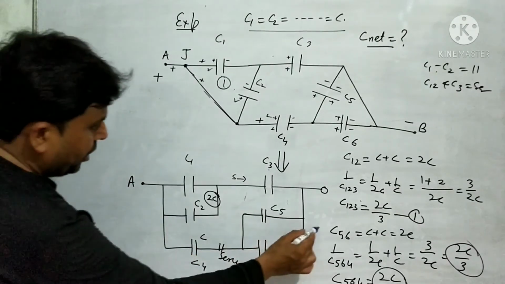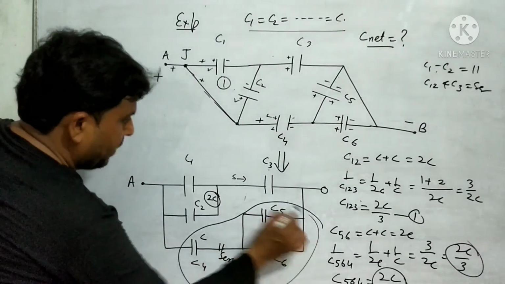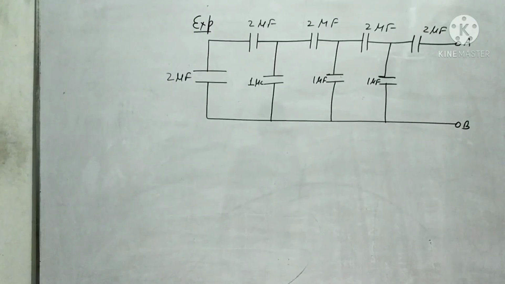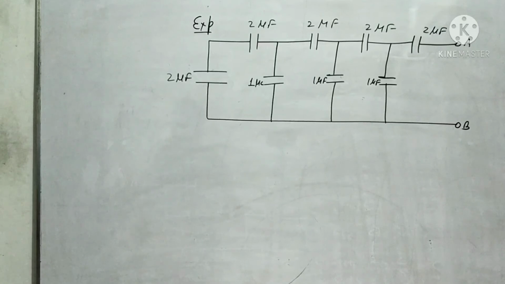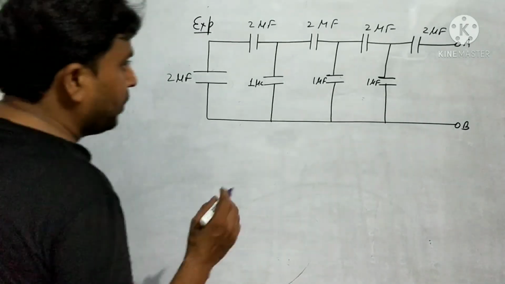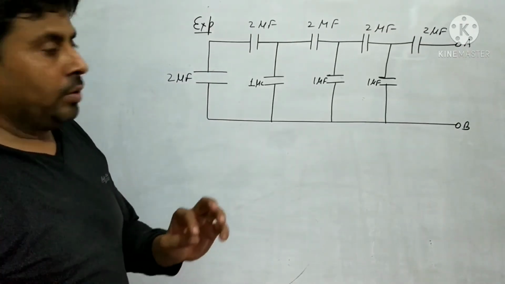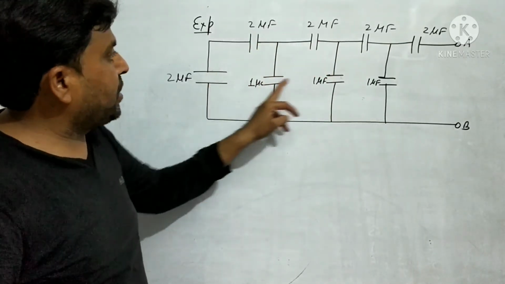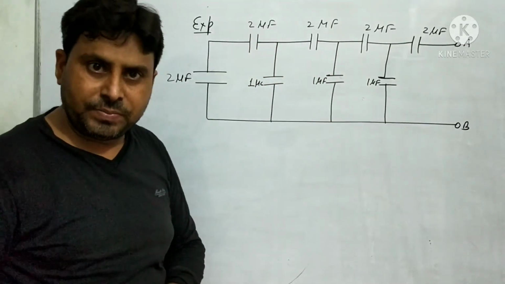Such a combination and such a combination are both connected to one another. Another example of a different type. 1, 2, 3, 4, 5, 6, 7, 8 capacitors.